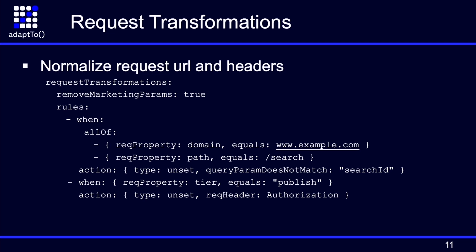The second one is unsetting a header. We have also a property there, which is, besides rules, we also introduced out-of-the-box properties with special meaning, like remove marketing parameters.